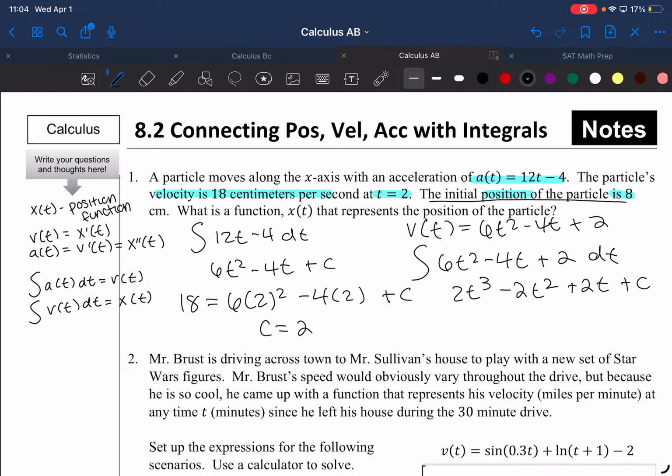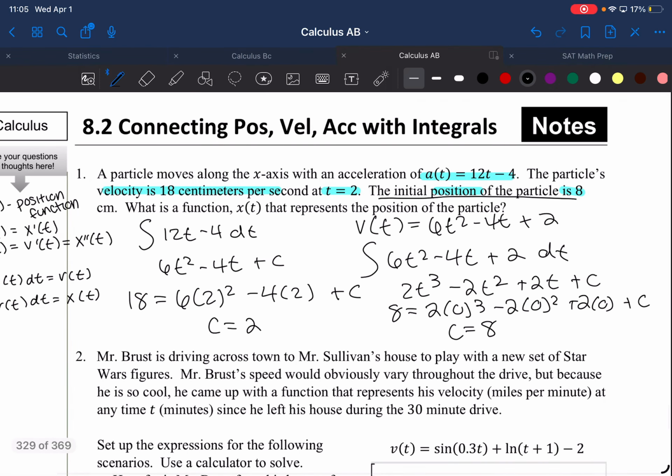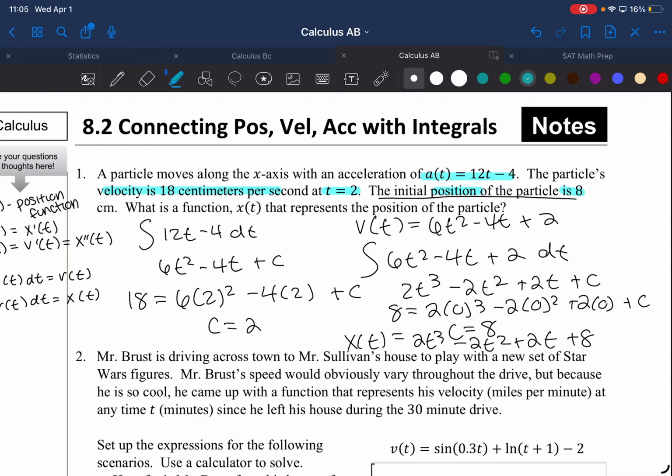So this would be 8 is equal to 2 times 0 cubed minus 2 times 0 squared plus 2 times 0 plus c. All of those are going to cancel, so we get c is equal to 8, which means our answer, x of t, is going to be 2t cubed minus 2t squared plus 2t plus 8. That would be our answer.